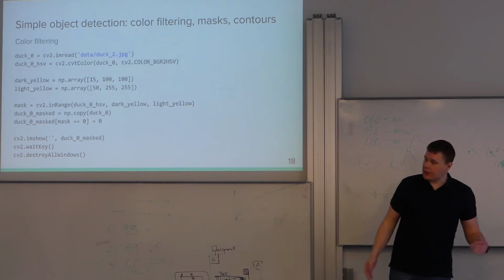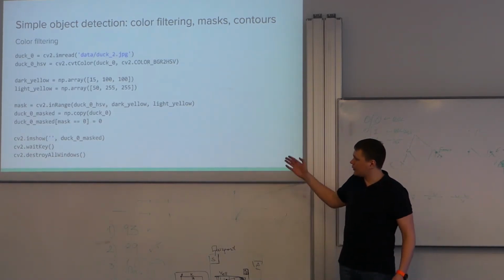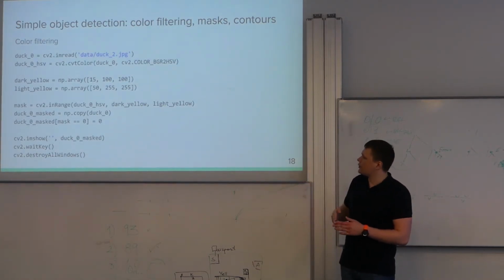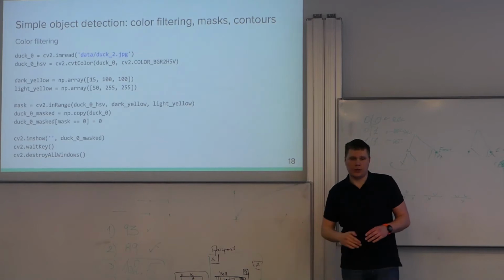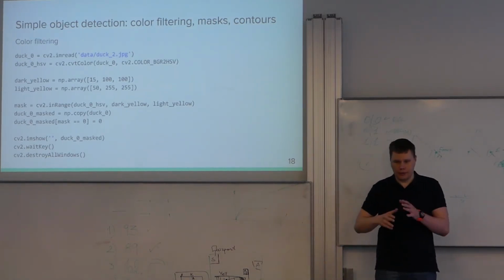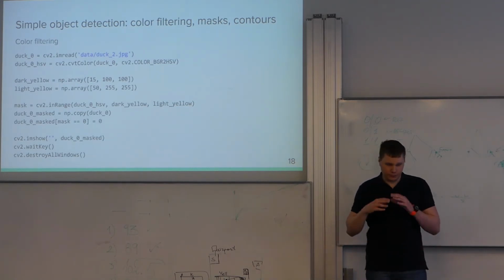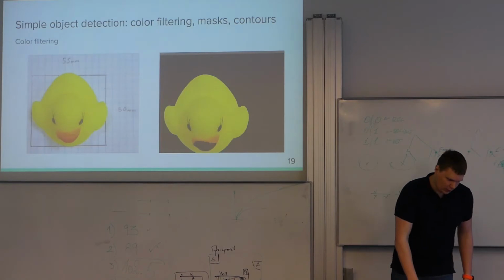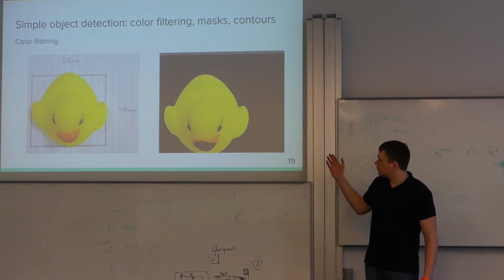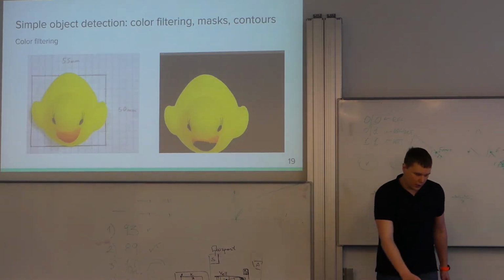Then we simply take our original image, copy it, and set all the pixels which are black in the mask to black, so that we have only our selected parts of the image. And we can see the result. Almost all of the duck was selected by our filter.